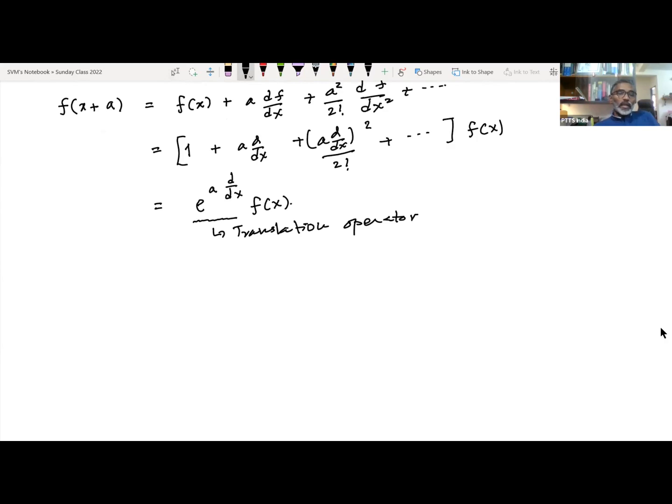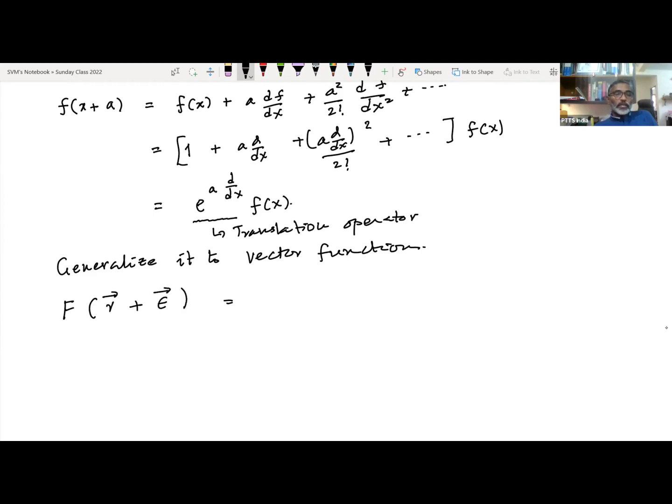Now, if you have this operator, I can generalize this to a vector function. Suppose I have some capital F of r, which is displaced by some epsilon.